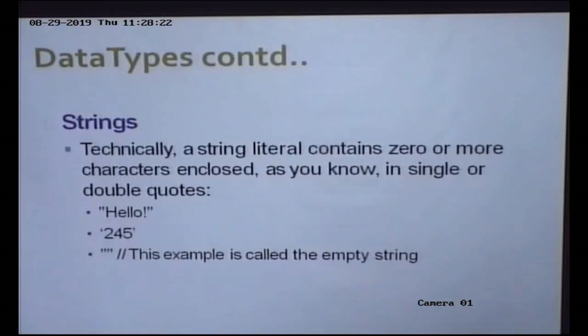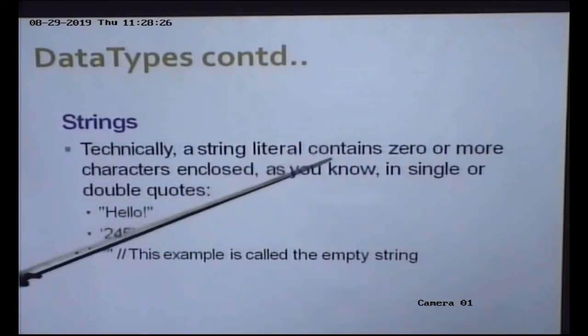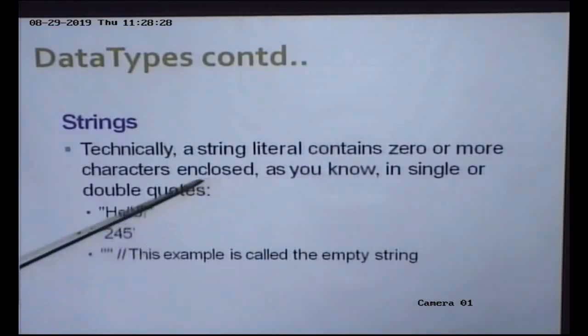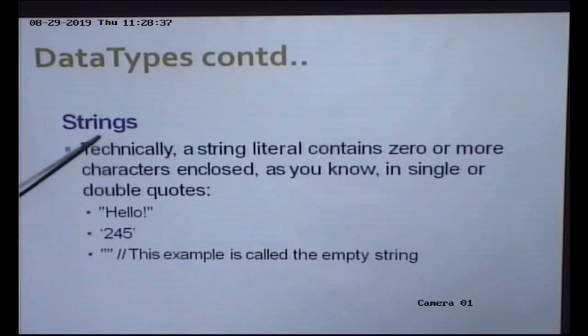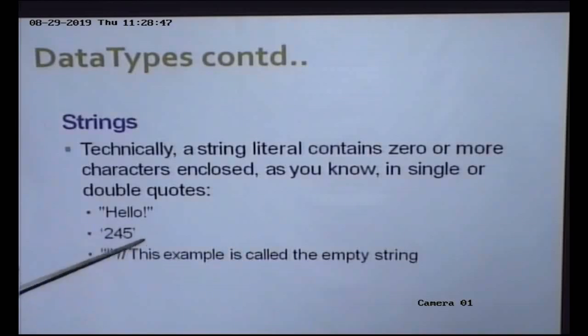So next type is string. As I said earlier, string literals contain 0 or more characters enclosed in single or double quotes. The advantage of defining strings in JavaScript is you can use either double quotes to define the string value, or single quotes.